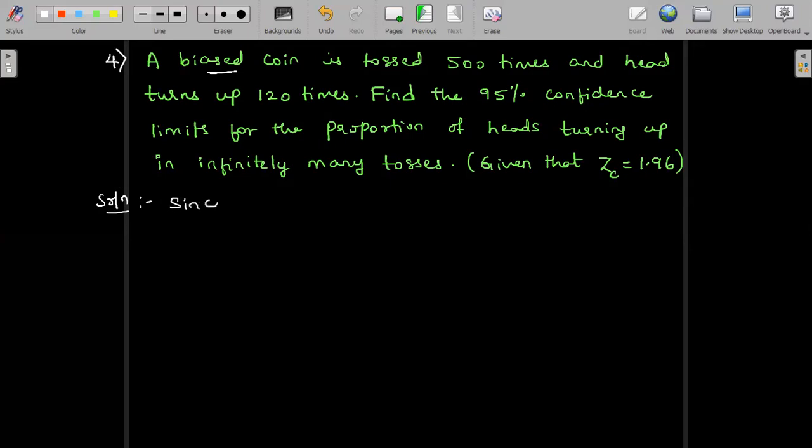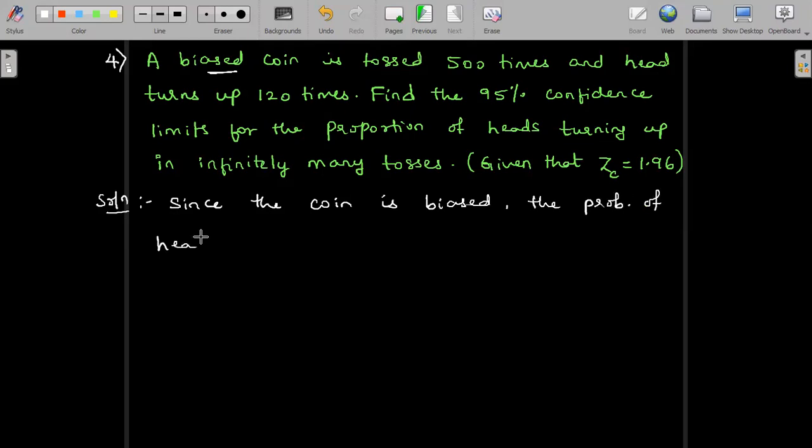Since the coin is biased, the probability of head turning up is 120 divided by 500.